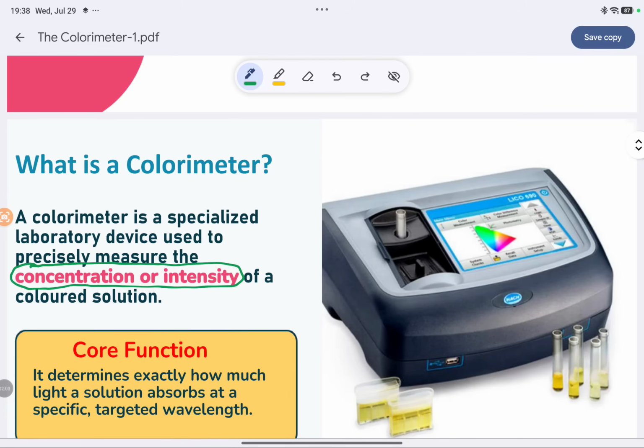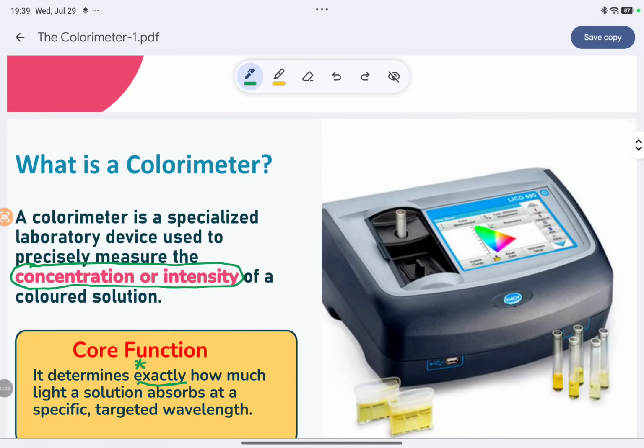The core function of the colorimeter is as follows. It determines exactly how much light a solution absorbs at a specific or targeted wavelength. There are many wavelengths in a colorimeter which we have to set according to the solution we use.